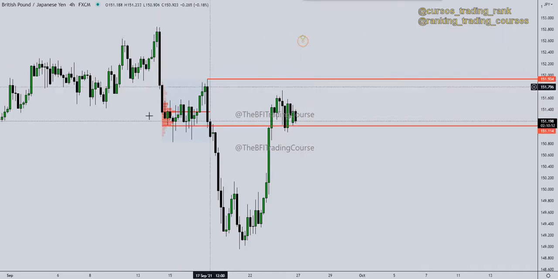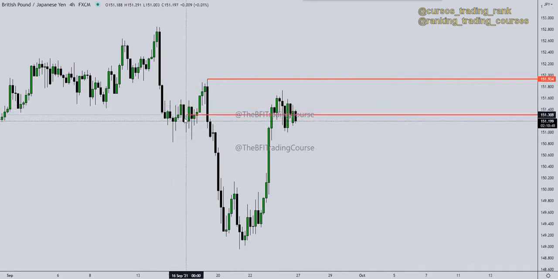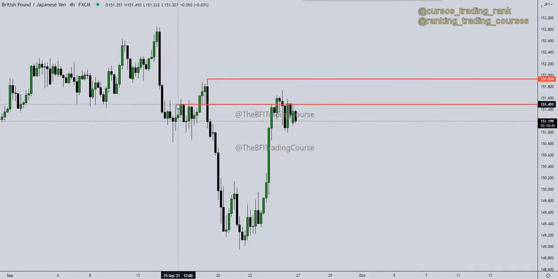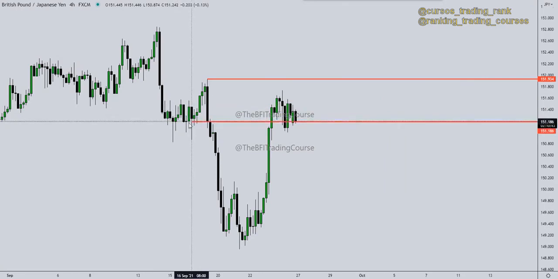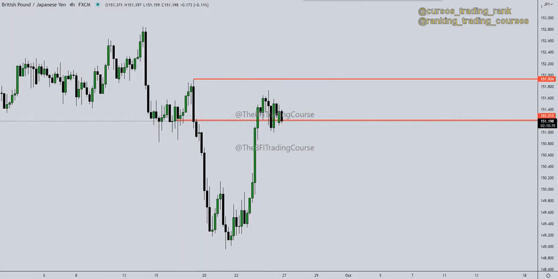You could, without using any volume, try to use the candles. This could be a base. Now, what do we do in these cases where it may look a little bit cluttered and ugly?